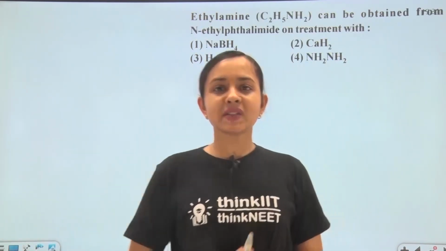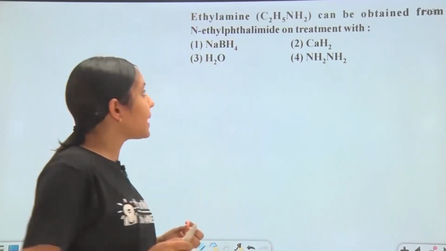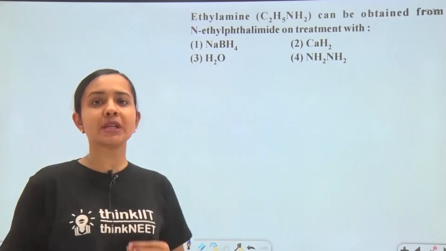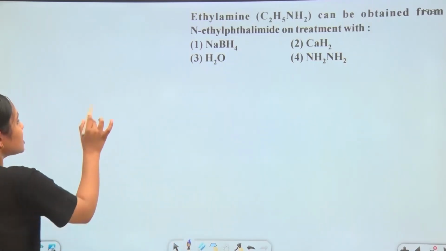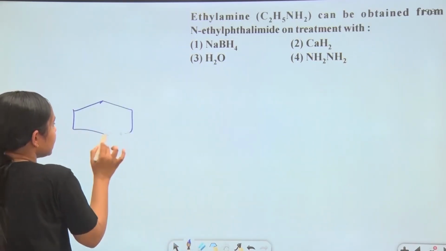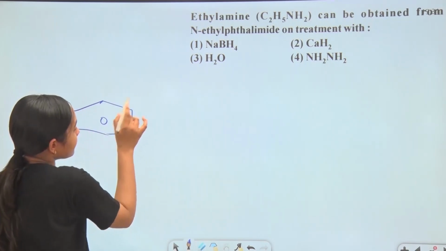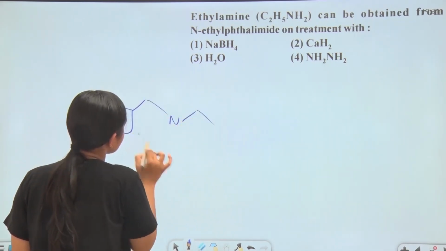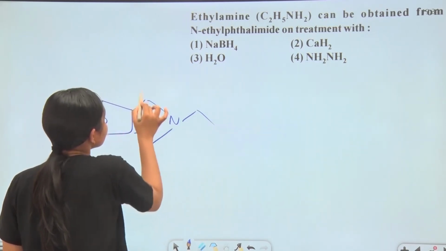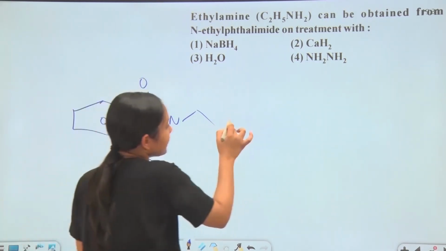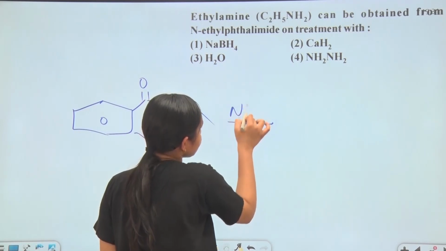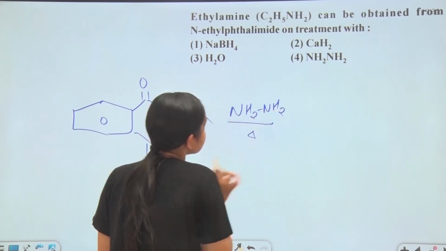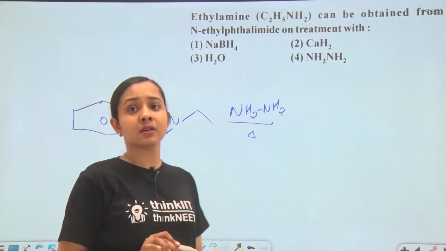Hello dear students, our next question is, ethylamine can be obtained from an ethyl phthalimide on treatment with, right? Students, this is a structure of an ethyl phthalimide, and when this N-ethyl phthalimide is heated with hydrazine, what happens?